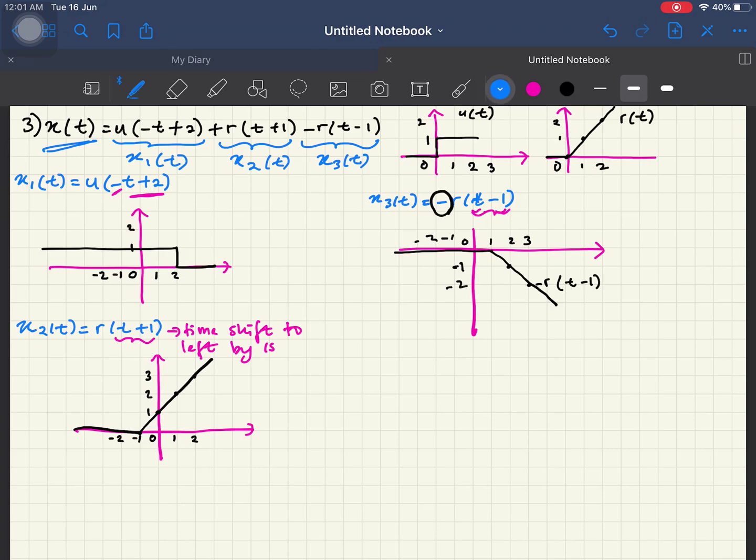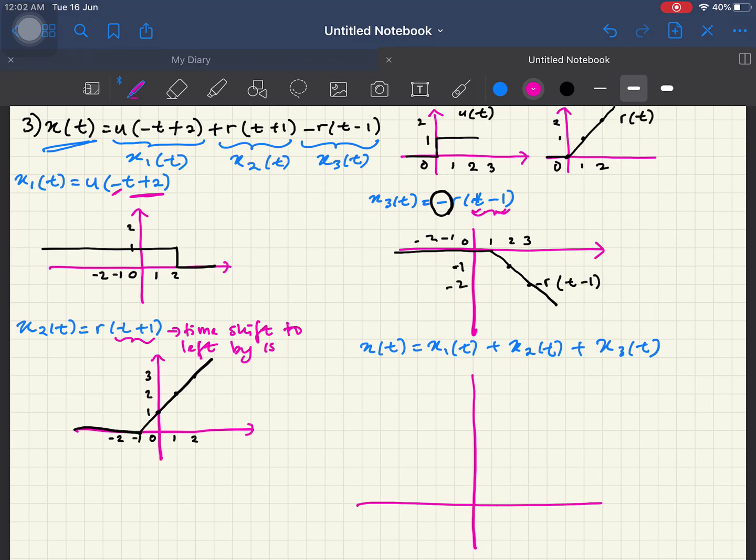Now the resultant signal, which is x of t, is obtained by simply adding x1 of t, x2 of t, and x3 of t. Let's do this slowly.